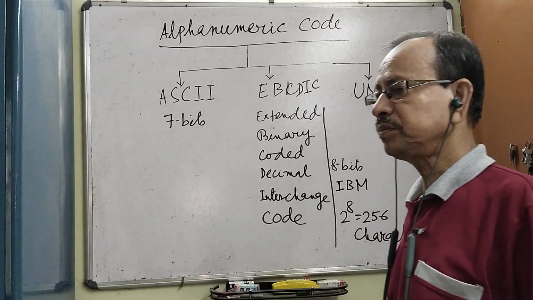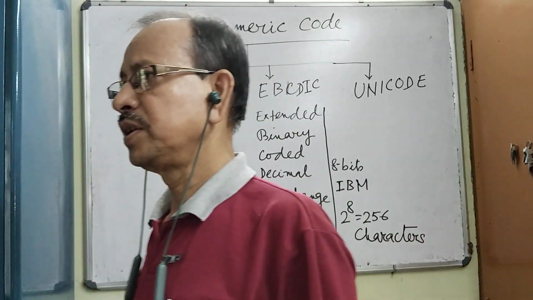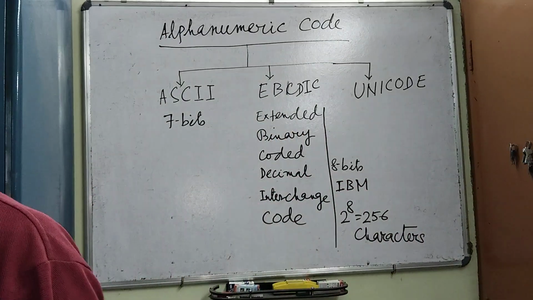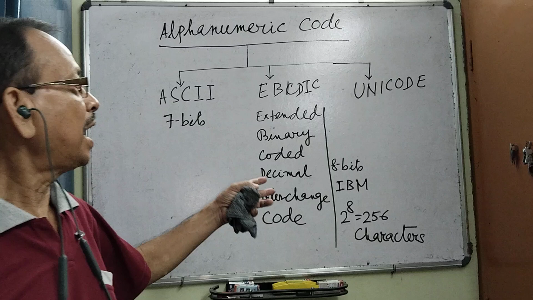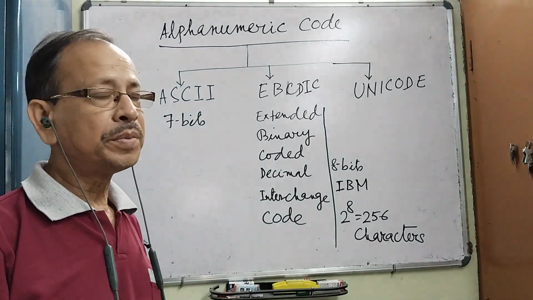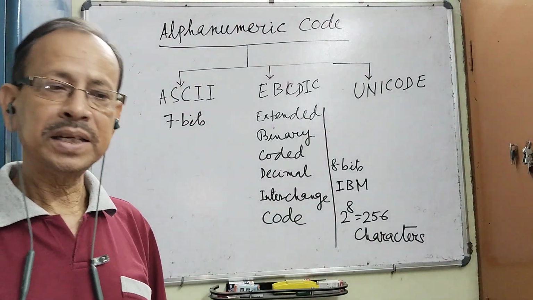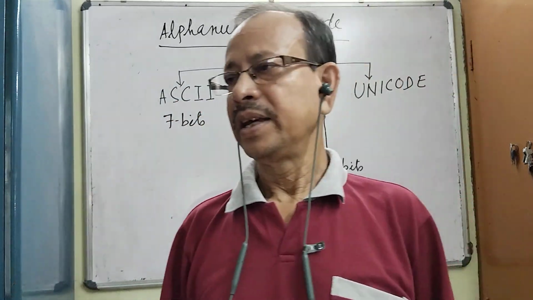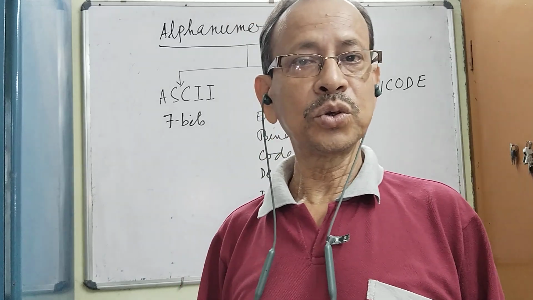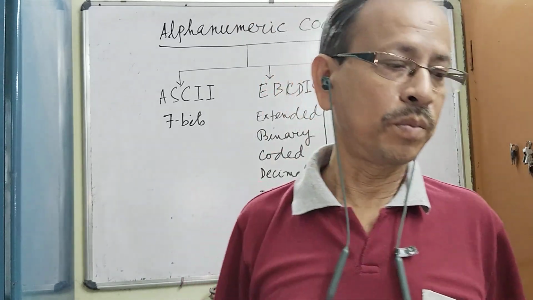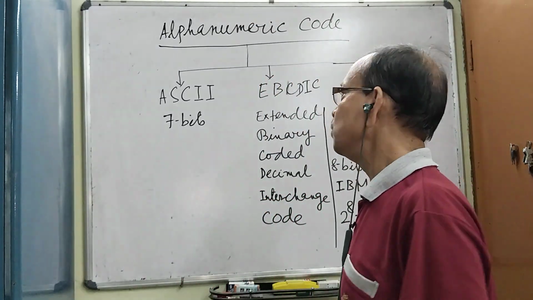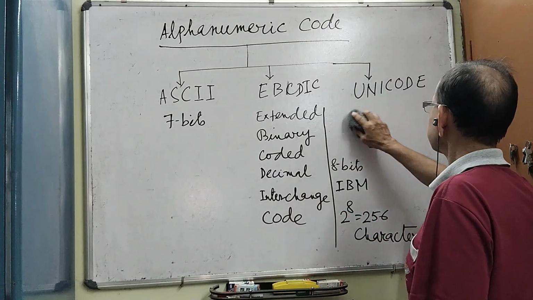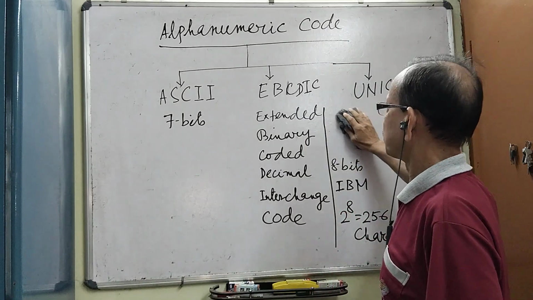That is, if I press in one key for India, it will represent A, but in another country, their script is different. So, we need a uniform code. For this purpose, this code was developed.